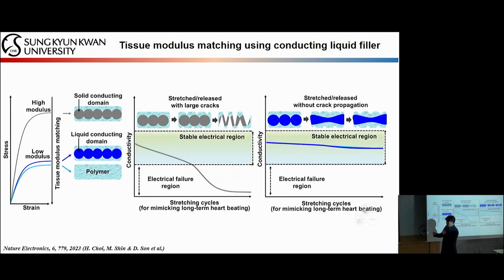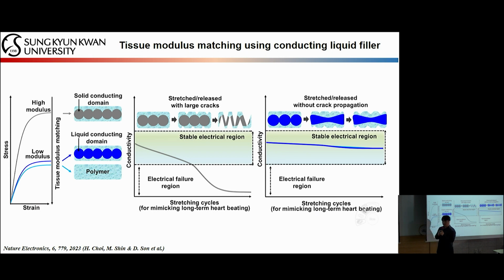Anyway, in addition to the mechanical parts of the substrate, from now on I will focus on the conducting composite material acting as an electrode or interconnects of the epicardial patch. So the mechanical property of the conducting composite material should also be carefully considered.